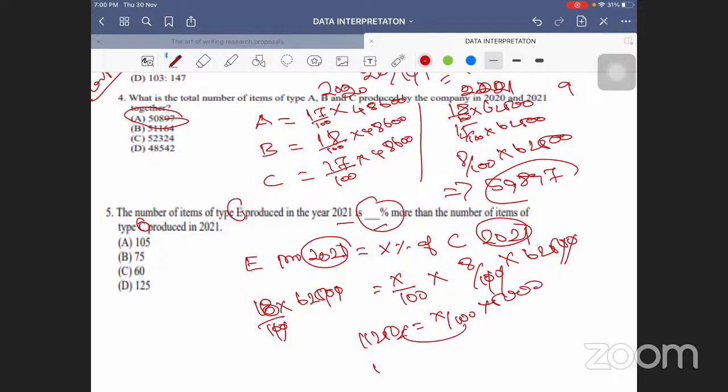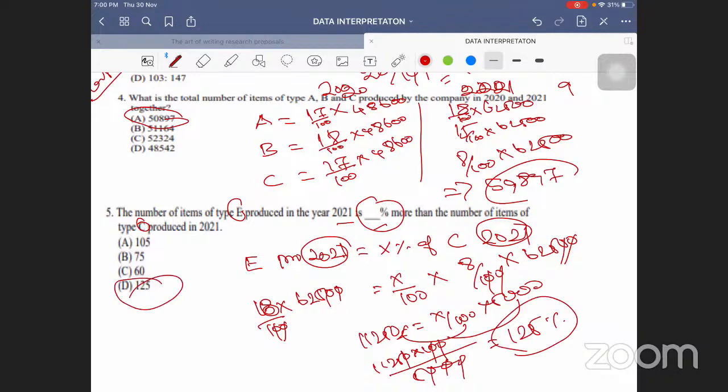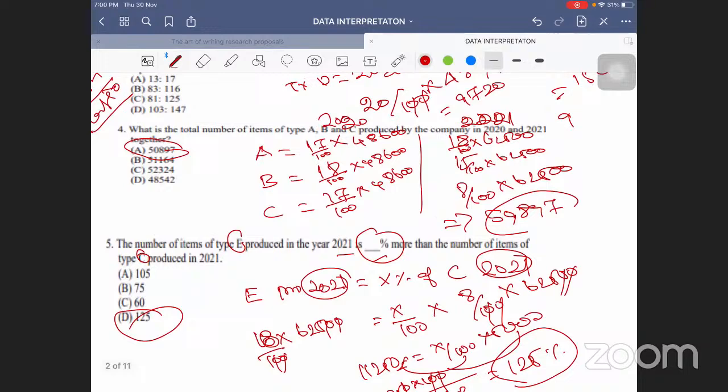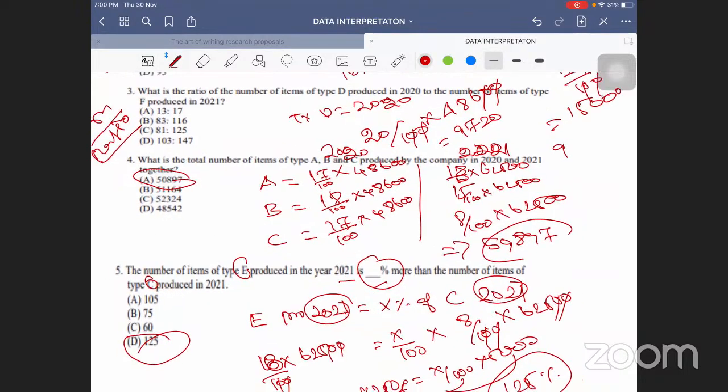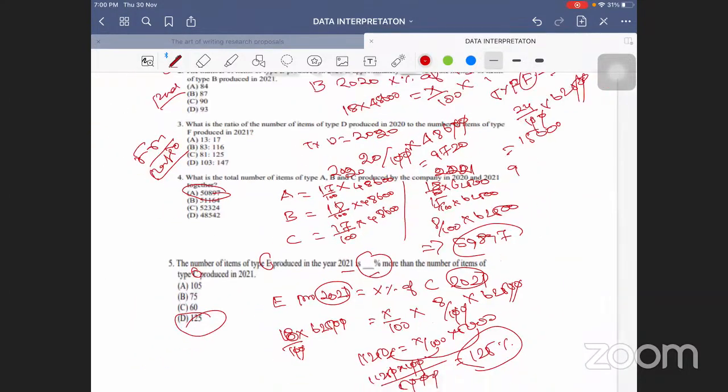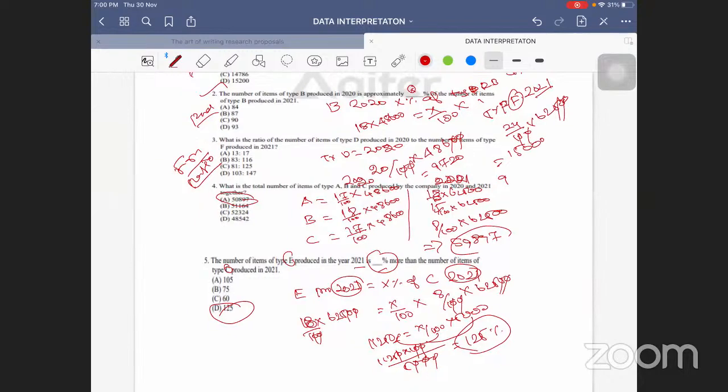We change the 100 here, 11,250 into 100, and 5,000 again we divide, so we cancel 5,000. So the answer is 125%. So everybody clear on this kind of question? The answer is D, fifth question.